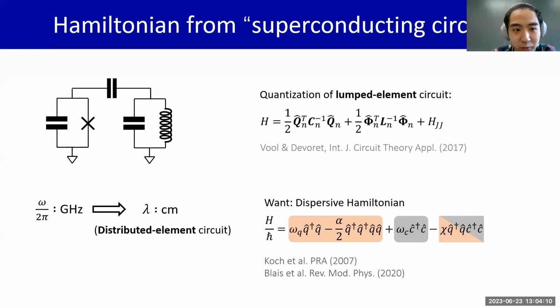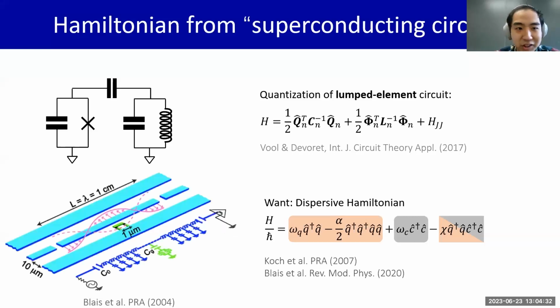So this is the regime where we say the package falls in the distributed element regime, where none of the elements is actually much smaller compared to the wavelength. We have to think of the entire media, the entire metal, as the circuit, and we synthesize the entire package of the device. So this design that we usually model as this LC model, in lab, probably actually looks like this.